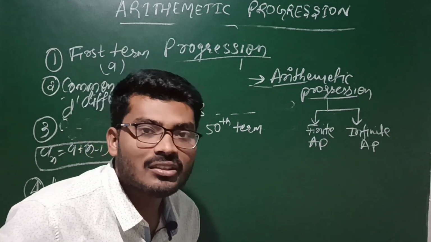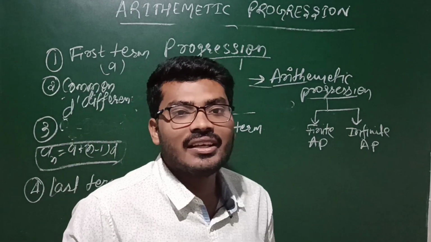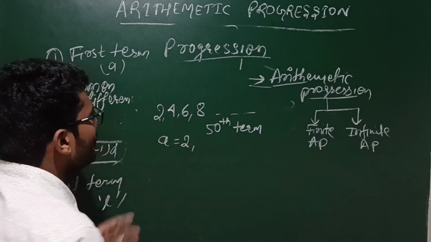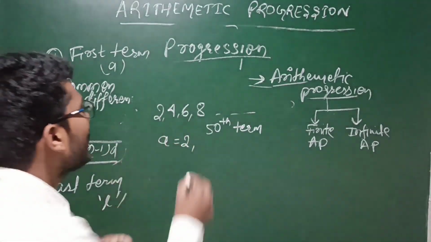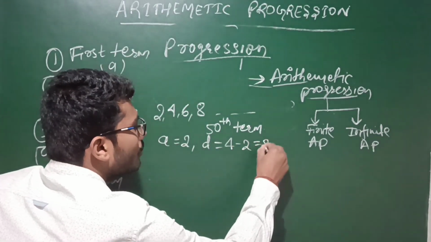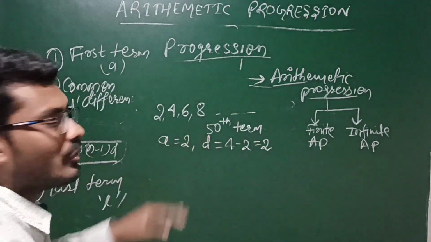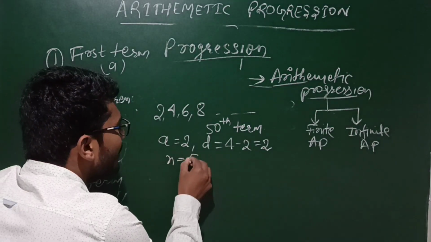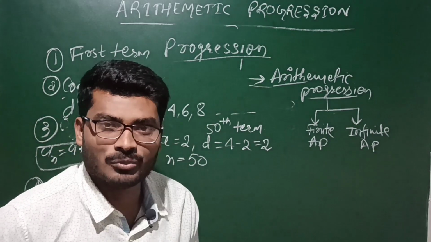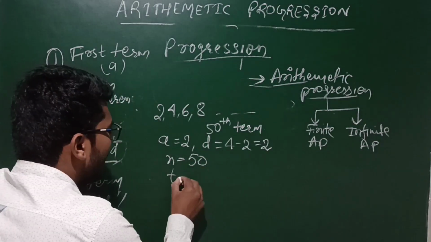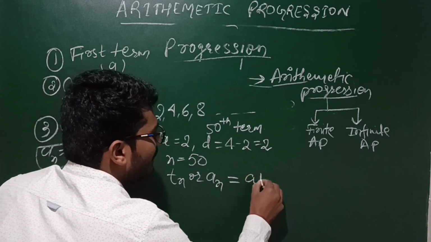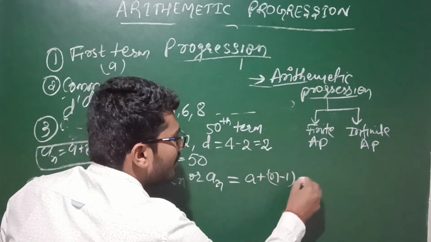Now we can apply the formula to find the nth term. The first term a is equal to 2, the common difference is 4 minus 2, which is 2, and n is equal to 50. We have to find the 50th term. Applying the general formula, the nth term An is equal to a plus n minus 1 into d.